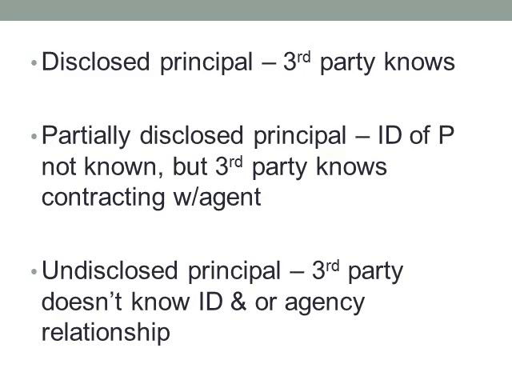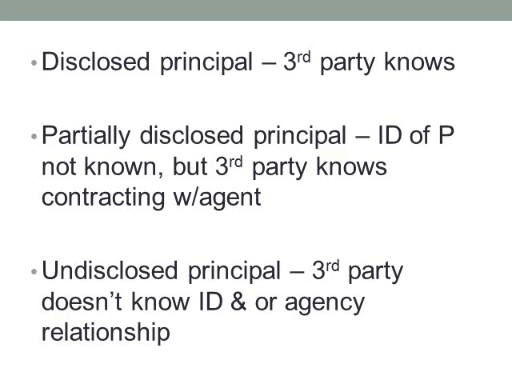And then we have an example of a partially disclosed principal. Sarah has contracted with Paul, a real estate agent, to sell certain property. She wishes to keep her identity a secret, but Paul makes it clear to potential buyers that he's acting in his agent capacity. That is a type of undisclosed principal, a partially disclosed principal.